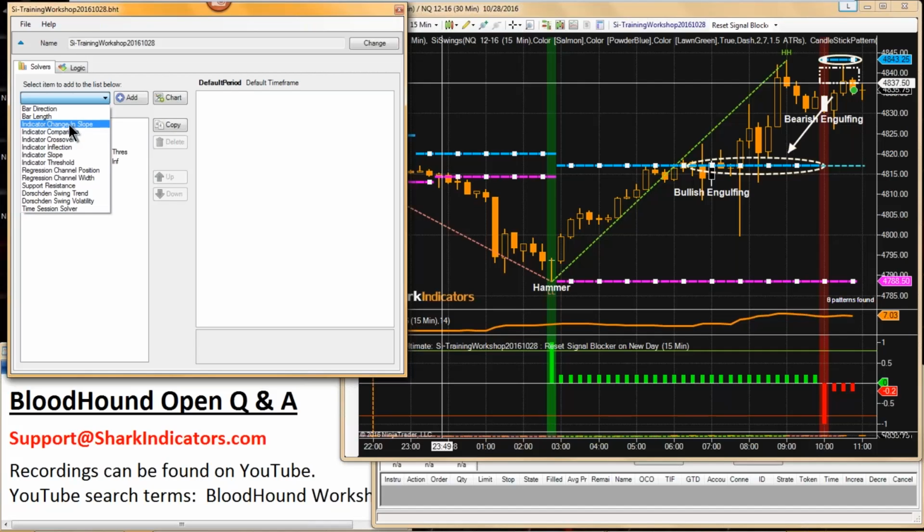So the change in slope helps you look at that curving pattern, when an indicator begins to curve up, then rolls over and flattens out, and then begins to curve back down. That's what the change in slope is for. But most people just want to use the slope solver. About 95% of the time you're going to want the slope solver. These are doing different functions.